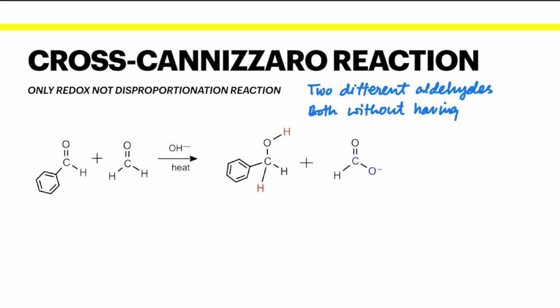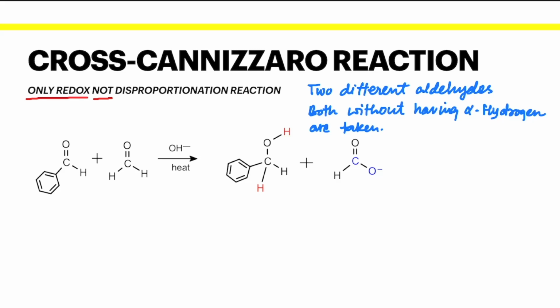I want to mention here that two different aldehydes, both without alpha hydrogen, are capable of showing the cross Cannizzaro reaction. Both must not bear any alpha hydrogen.